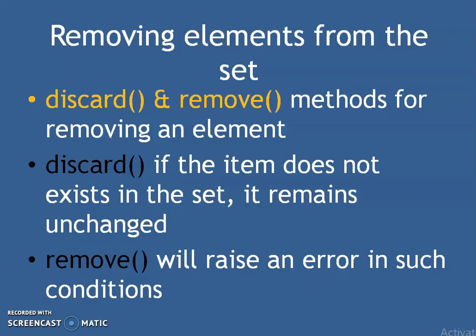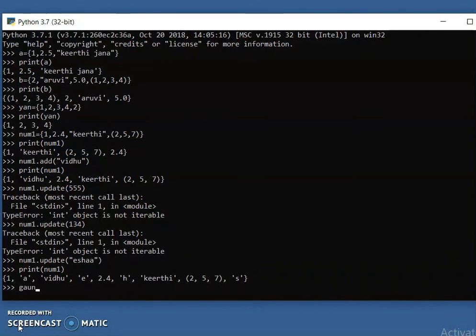So the thing is, discard means, okay, let's see an example for that. Gan is equal to, let's create one set like 1 3 5 8. Okay, fine.